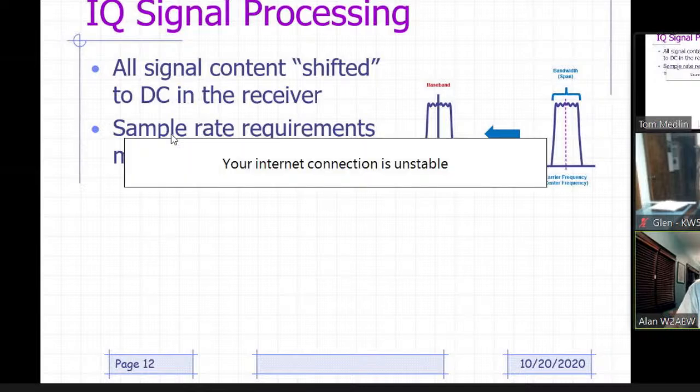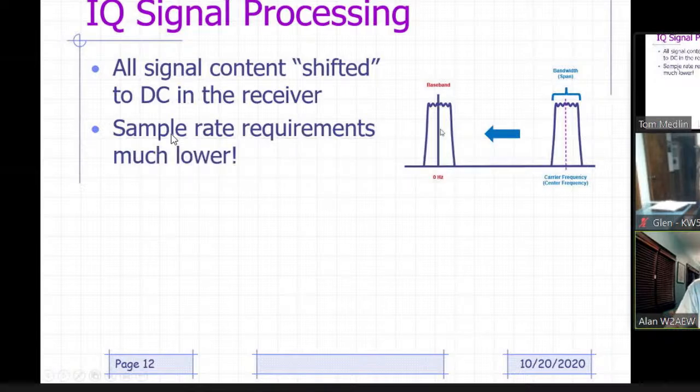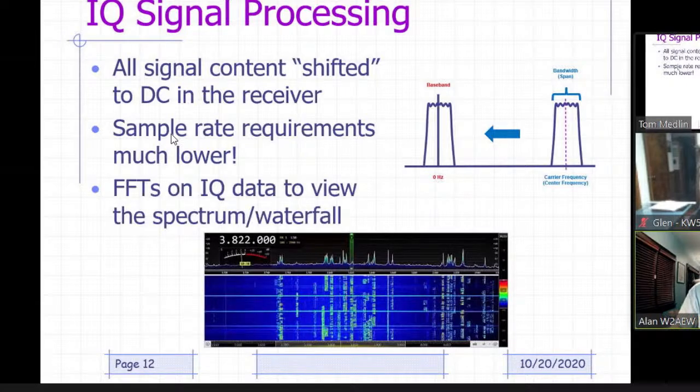You don't have to sample the signal at something that exceeds the carrier frequency. We only have to sample at something that exceeds essentially half the bandwidth of the signal. So one of the things you typically see on a software-defined receiver is some pretty complex displays, like the spectrum of what's going on over a wide frequency range.